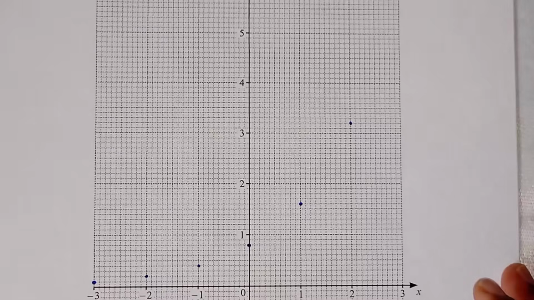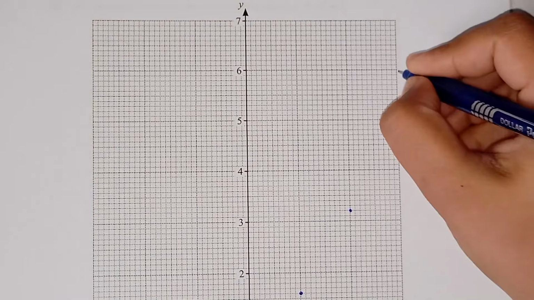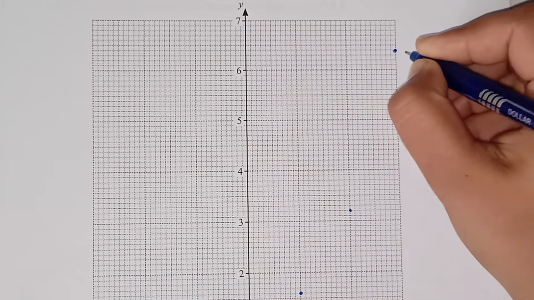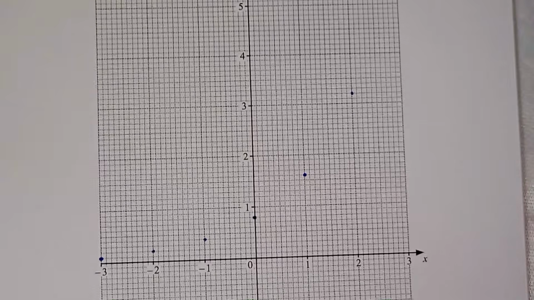So 6, 6.1, 6.2, 6.3, and 6.4, this point. Okay, let me connect all the points to get a smooth curve.